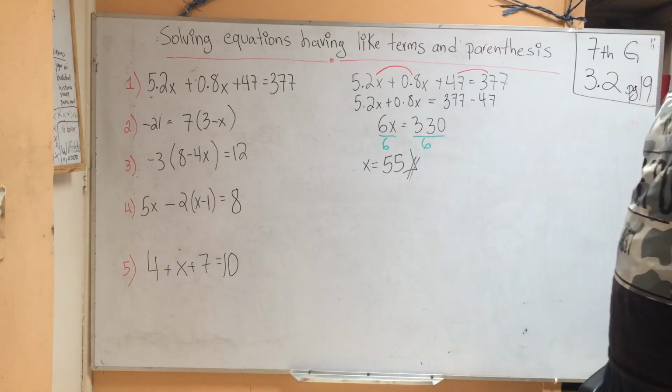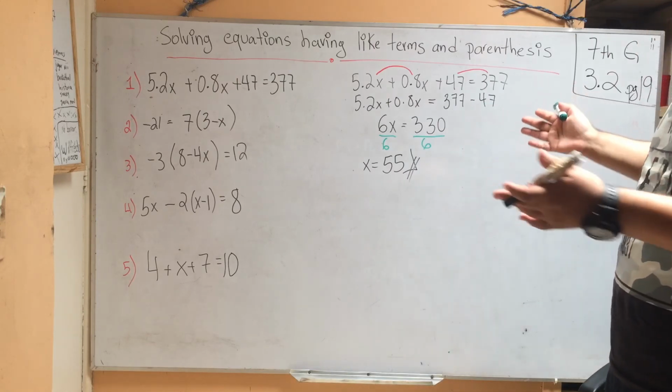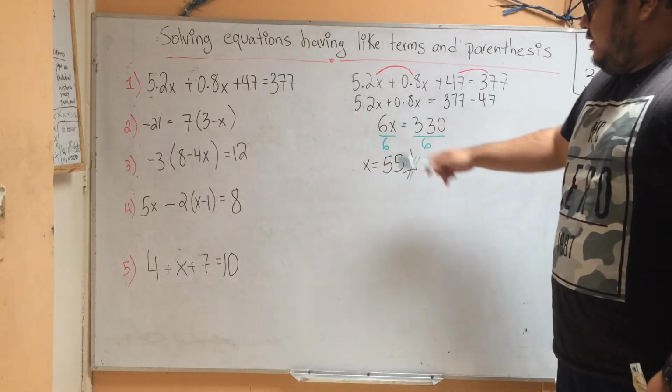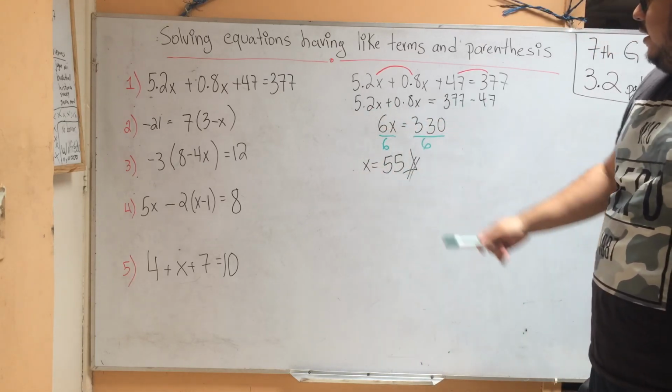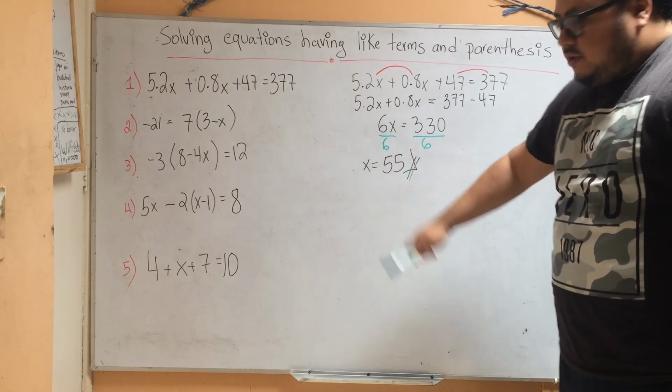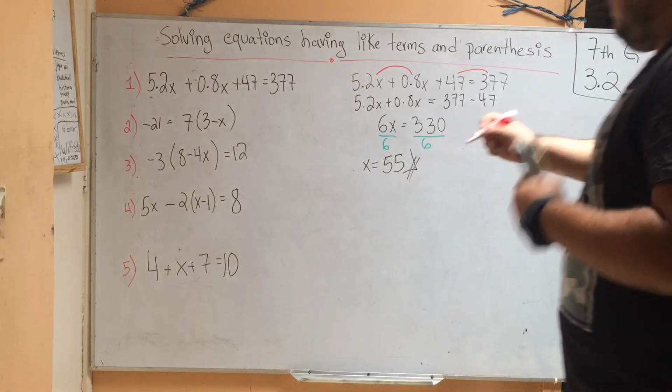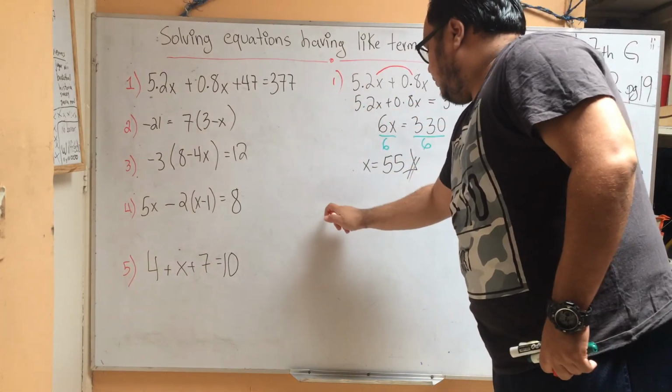Now that they are grouped, we solve for both: 6x and 330, and then we divide by 6 to get the answer for x. That's number 1. Let's do number 2.